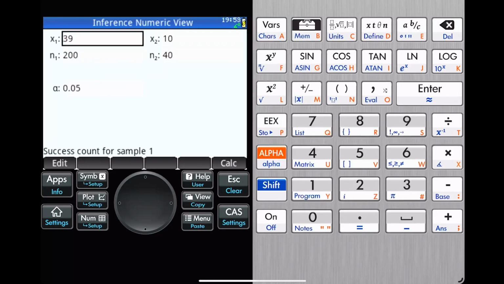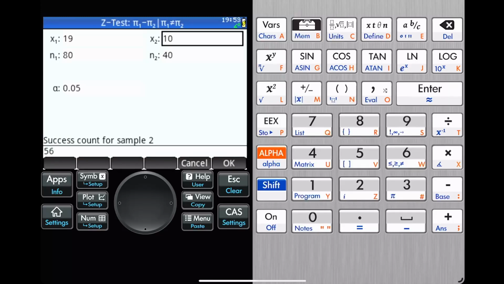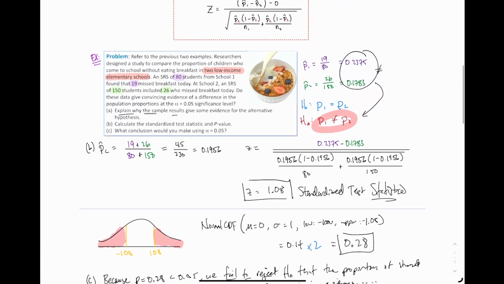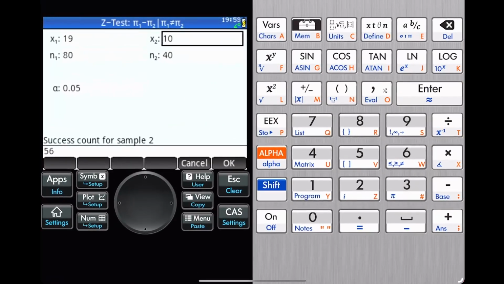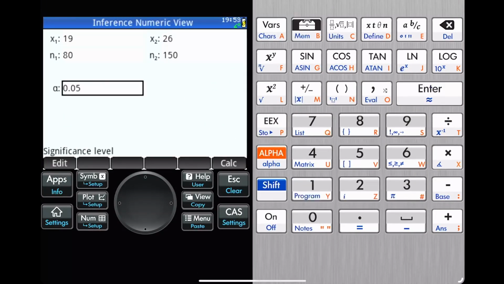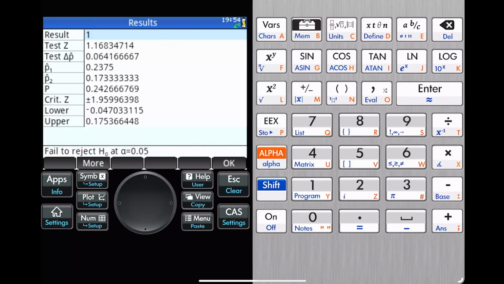Let's just do a couple things here. We will say we have 19 out of 80, and our second group was, no, what was it? Shoot, 26 out of 150. So 19 out of 80 and 26 out of 150. And our significance level is that, and we'll calculate it.